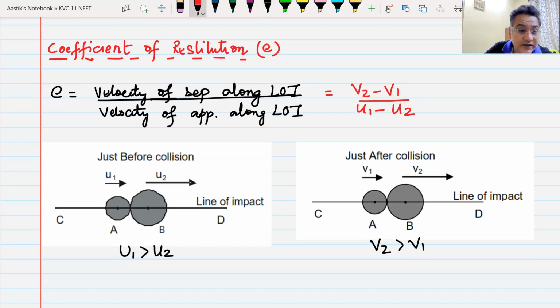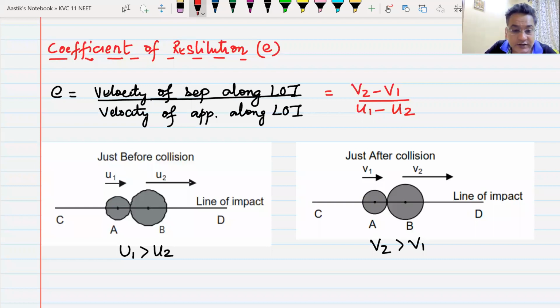So this is the formula for coefficient of restitution: velocity of separation divided by velocity of approach. Just remember this formula. Draw this diagram. I'll give you 2 minutes to do this.